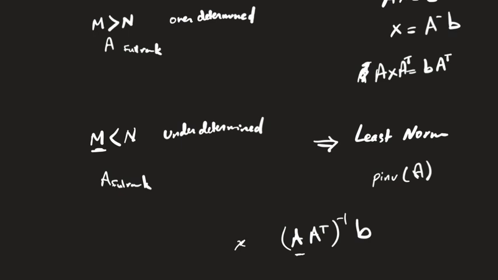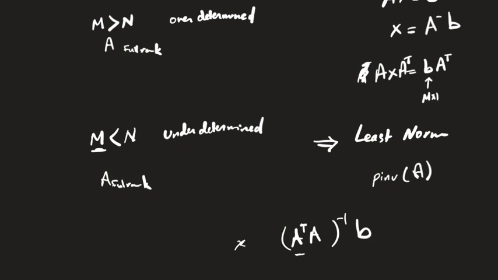B is m times 1, right? And then A transpose. And then I have to change this one, so this one becomes (A transpose A) to the power minus 1.